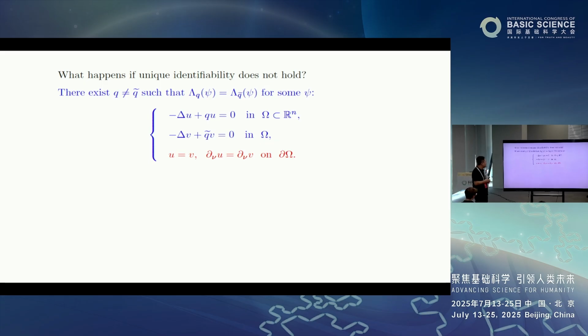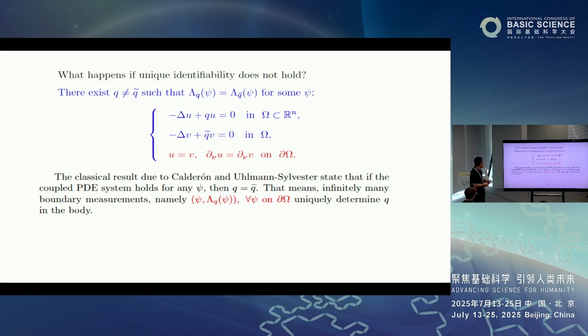All right. So that means if unique identifiability does not hold for Calderon's inverse boundary problem, we immediately get this coupled PDE with a transparent boundary condition. Now, the classical result is due to Calderon, Sylvester and Uhlmann.